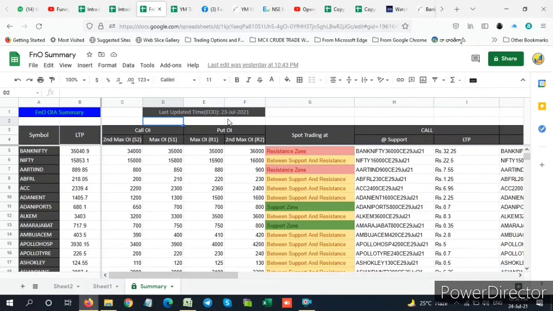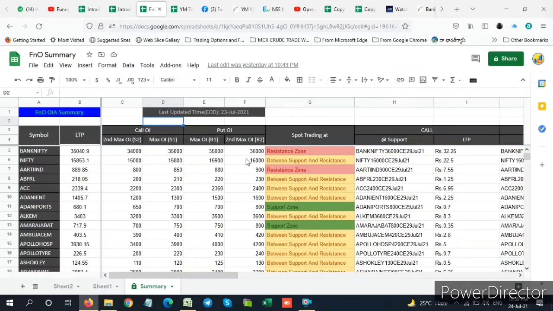So it's taking all the F&O stocks' prices, then maximum open interest for call and maximum open interest for put, which is called support 1 and resistance 1. And the second highest open interest for call is called support 2, and the second highest open interest for put is called resistance 2. S1, S2, R1, R2.